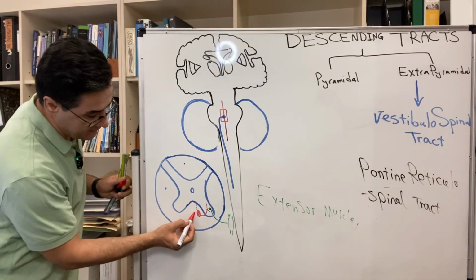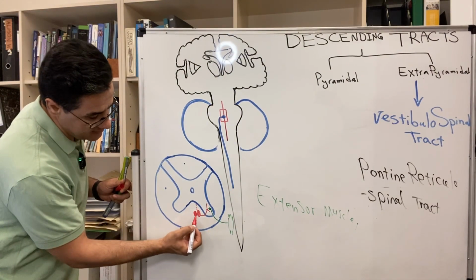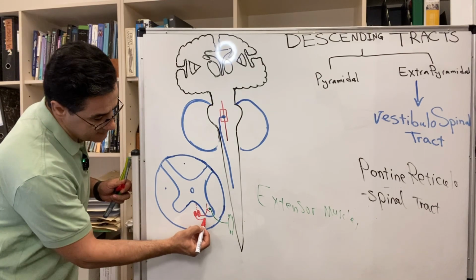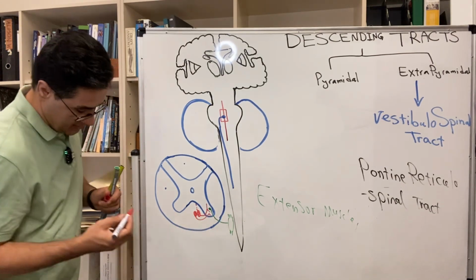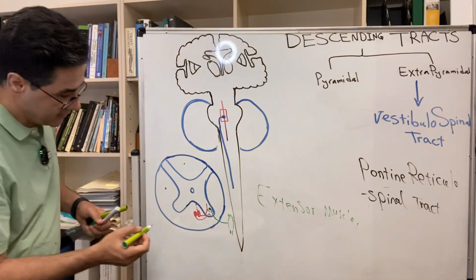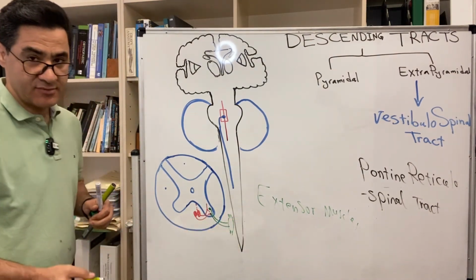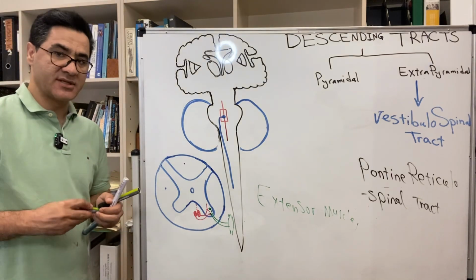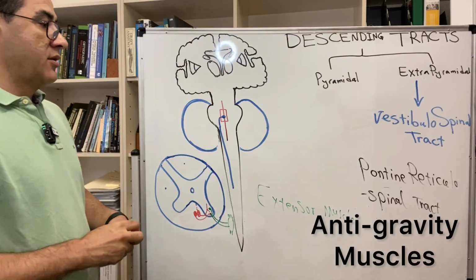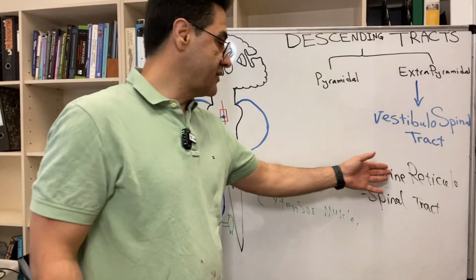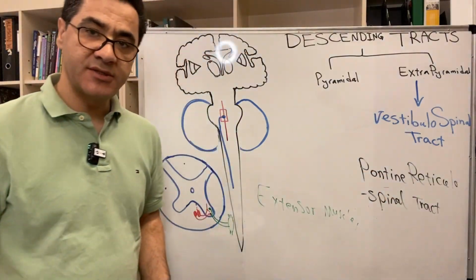Both of them landing here in the ventral column of the white matter, and both of them synapsing here onto the cell body of the lower motor neuron, and both of them supplying the extensor muscle or anti-gravity muscle. So the pontine reticulospinal tract helping the vestibulospinal tract to make the balance.